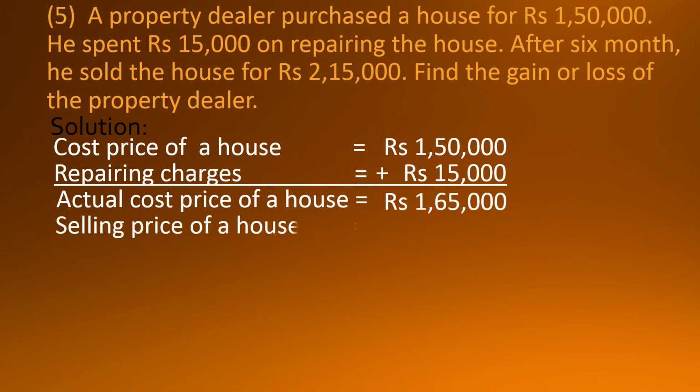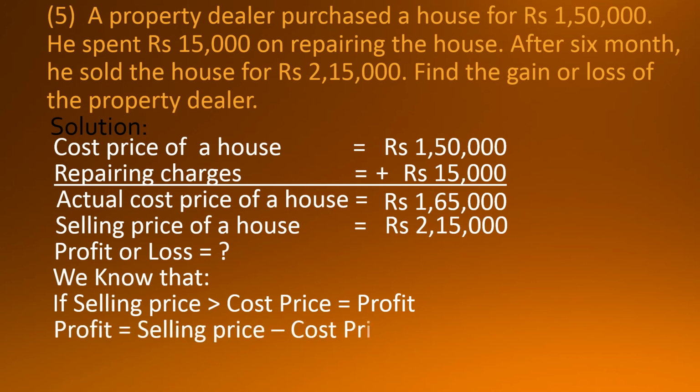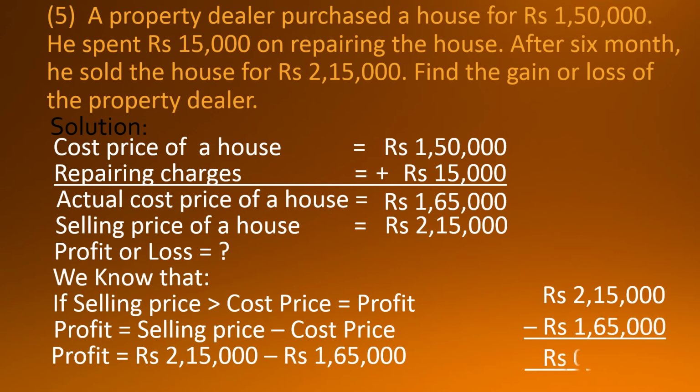And the selling price of the house is rupees 2,15,000. Profit or loss we have to find out. Now tell me which one is greater, cost price or selling price? Yes, selling price. And we know that if selling price is greater than cost price, we have a profit. So profit is equal to selling price minus cost price. Now put the value. Rupees 2,15,000 minus rupees 1,65,000. Now do the subtraction. We get rupees 50,000. So profit is equal to rupees 50,000.